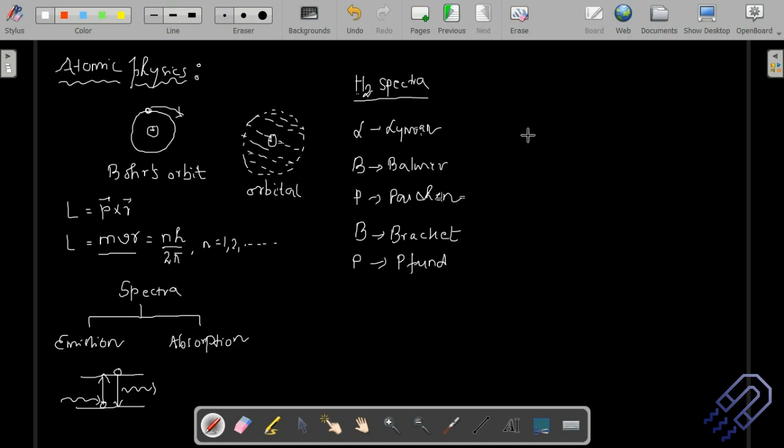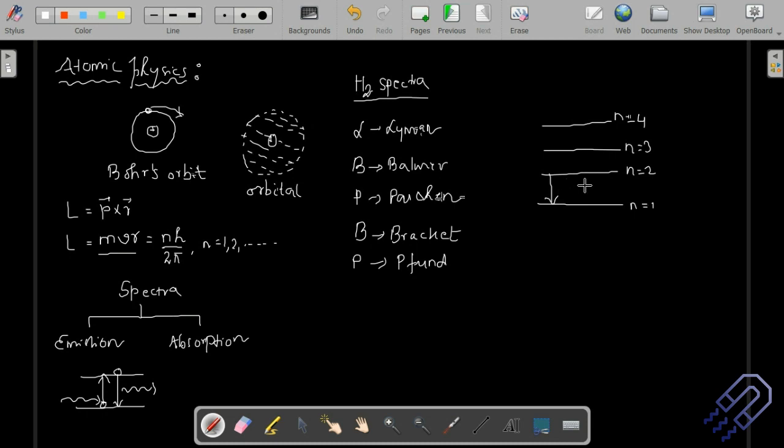The idea was simple: if you have a number of energy levels, there will be transitions of the atoms from the upper energy level to the lower energy level. For example, we have energy levels n is equal to 1, n is equal to 2, n is equal to 3, n is equal to 4, and so on. If we have a transition of an atom, that means the energy gets lost.